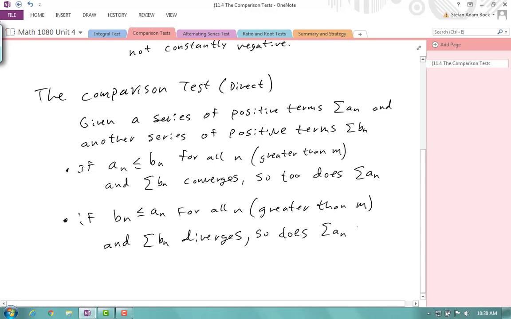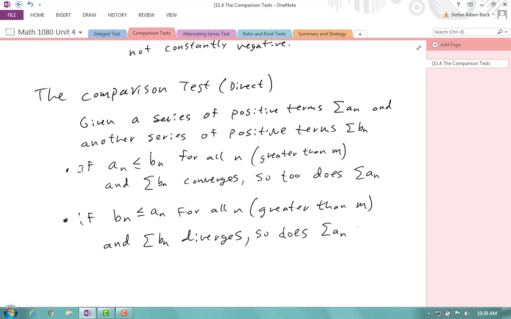So the comparison test, or direct comparison test: if you're given a series of positive terms, the sum of a sub n, and you have another series of positive terms, the sum of b sub n, then if a sub n is less than b sub n for every term, or at least eventually every term, and the sum of b sub n converges, then so does the sum of a sub n.